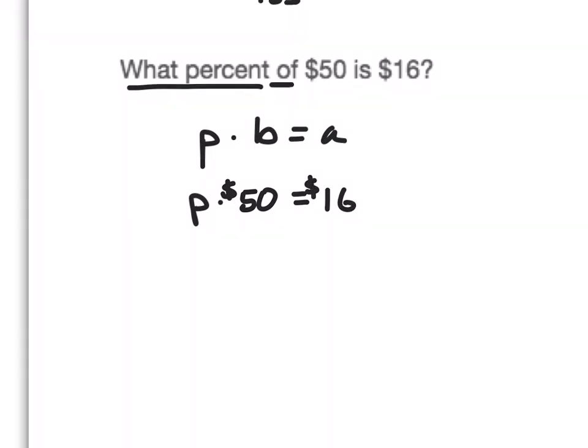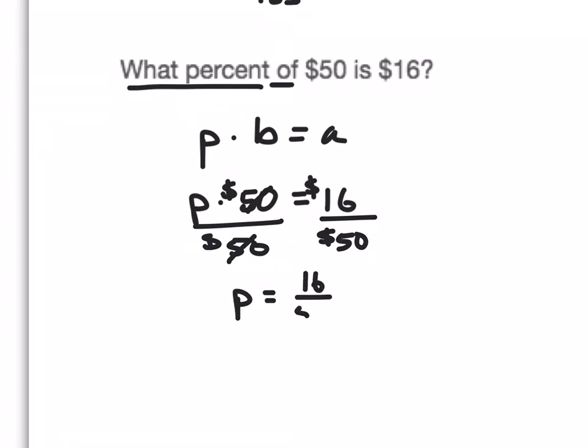If I wanted to solve for P, I'm multiplying P by 50. To move that to the other side, I want to divide both sides by $50. Then I get that P is equal to 16 divided by 50.